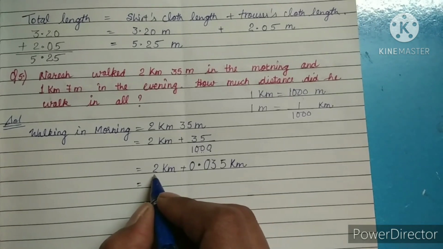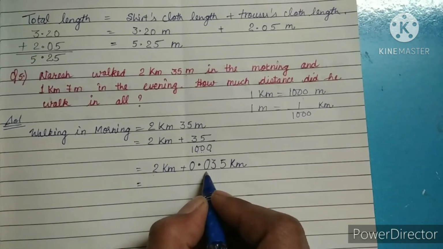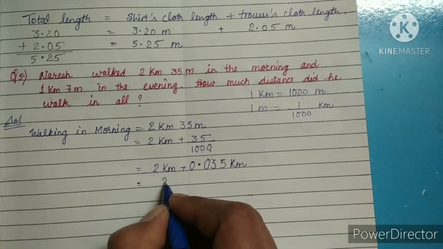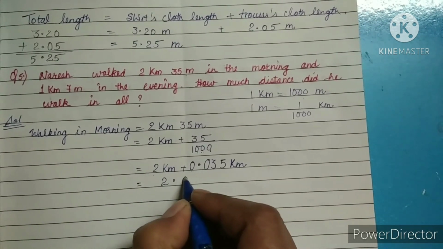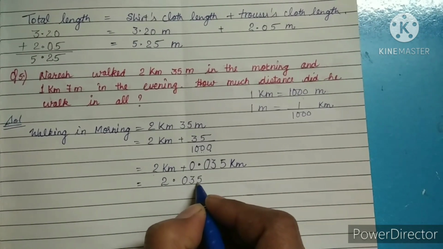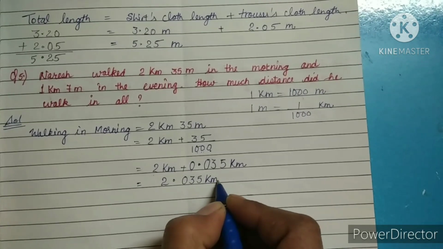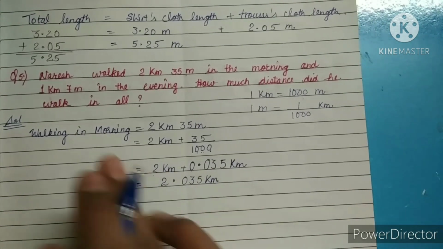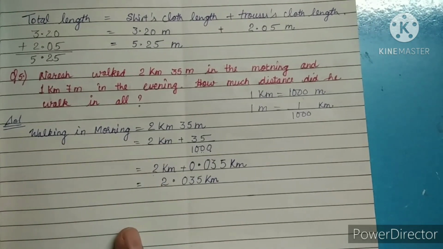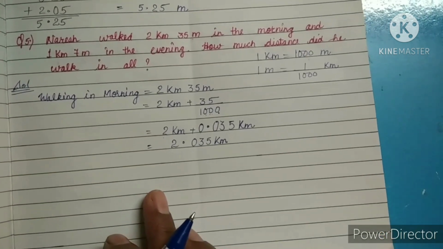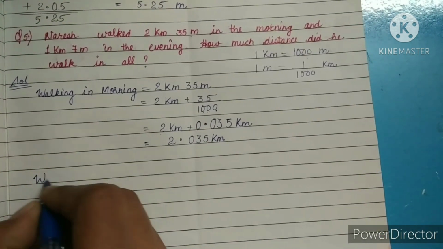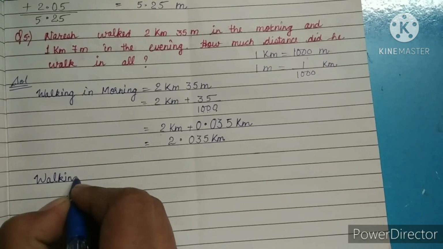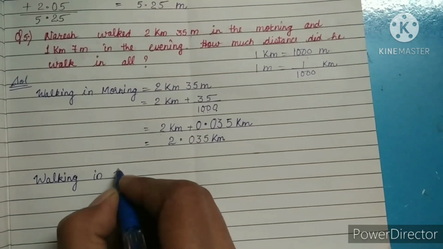Now we can add that 2 kilometer and 0.035 kilometer. So it will become 2.035 kilometer. Okay, so this is the walking in morning. Same we will find for the evening. Walking in evening.